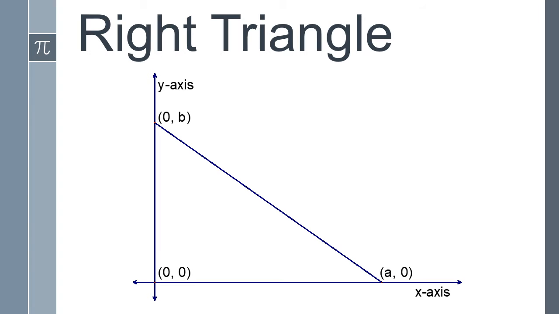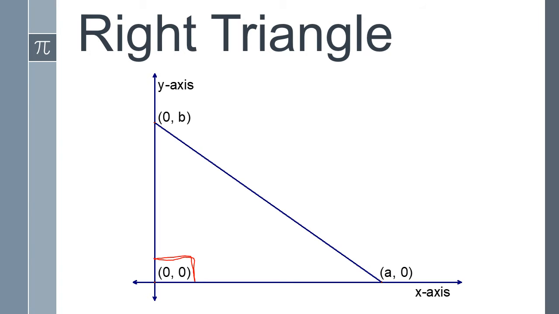Here we have a right triangle. The most convenient place for right triangles is with the right angle at the origin. We use A and B as our variables because we don't want to use any specific values. They can also use C and D and other letters; later we'll show you some other ones.